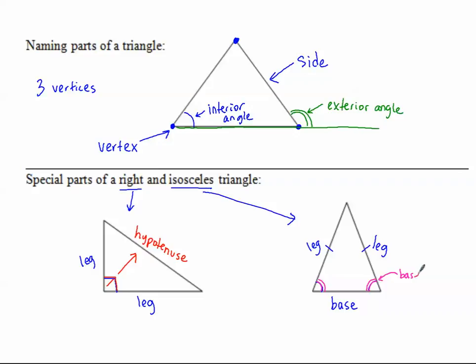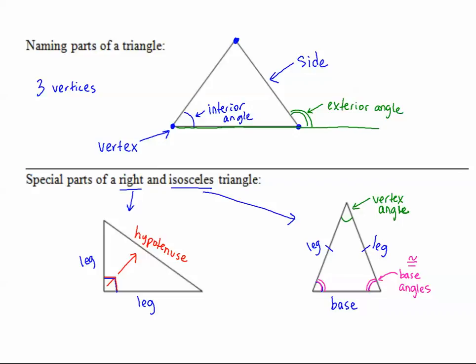The base angles theorem that we're going to write down and practice in a moment tells us that the base angles of an isosceles triangle are congruent. Then we've got the angle that is across from the base. That is called the vertex angle.